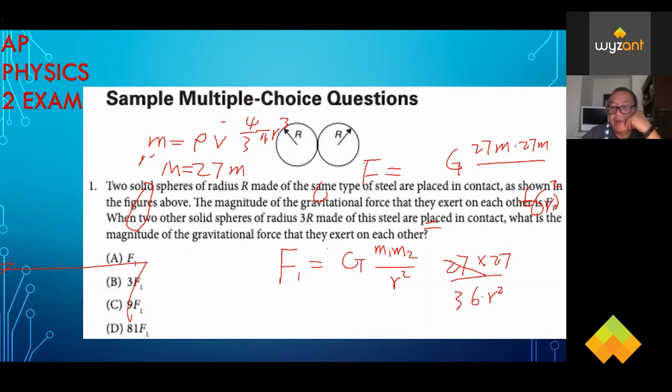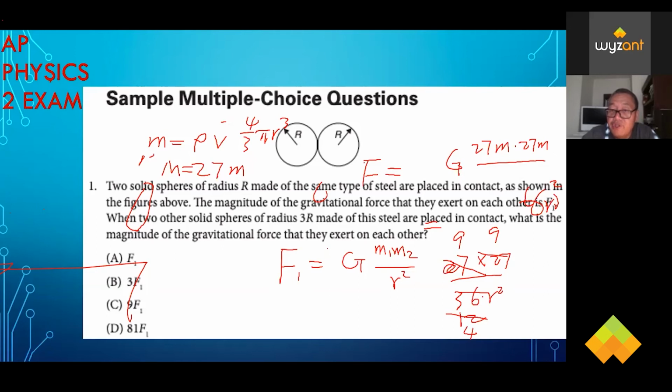Then we use 3, that's 9, right? This one's 9. This one will be 12. Then the 9. This one will be 4.